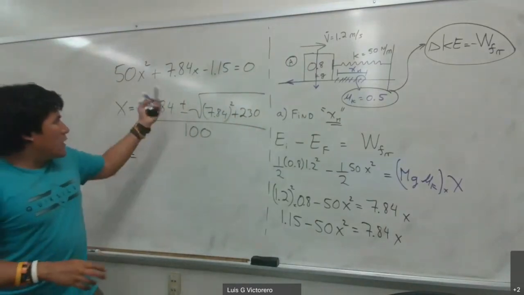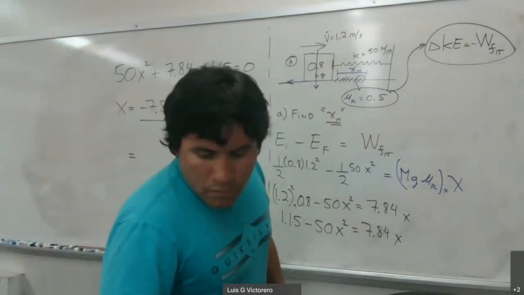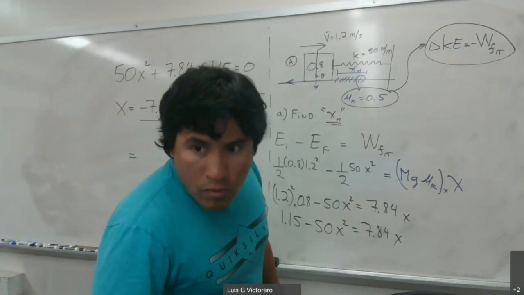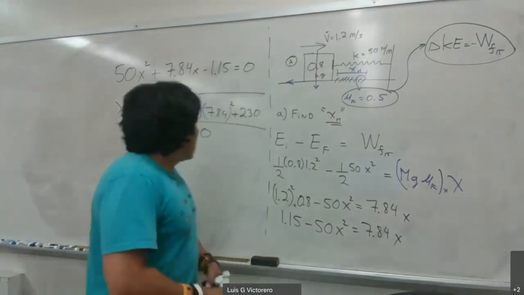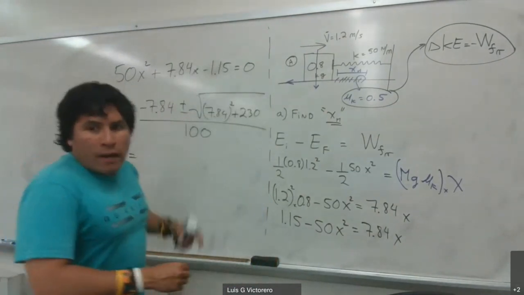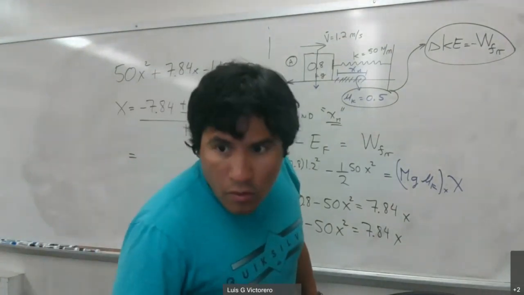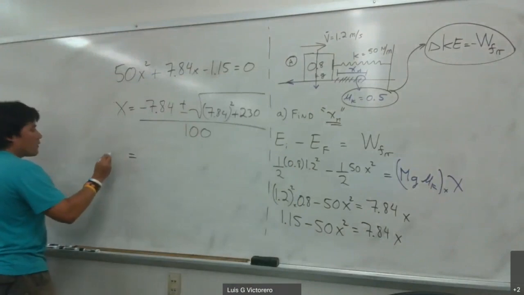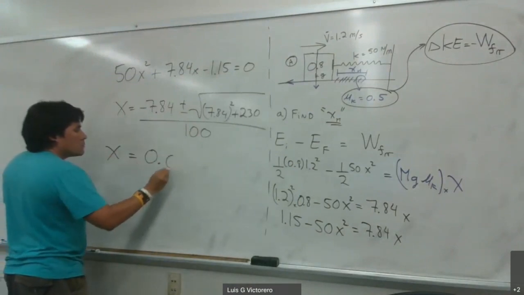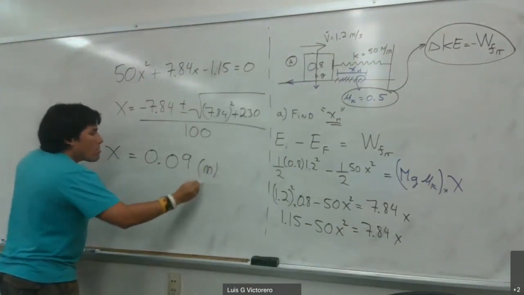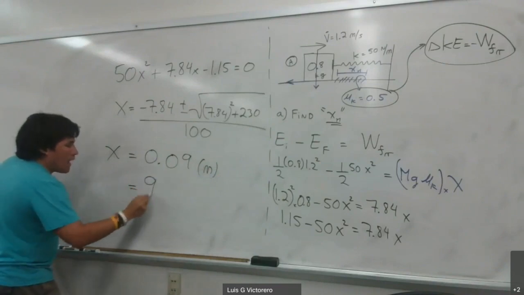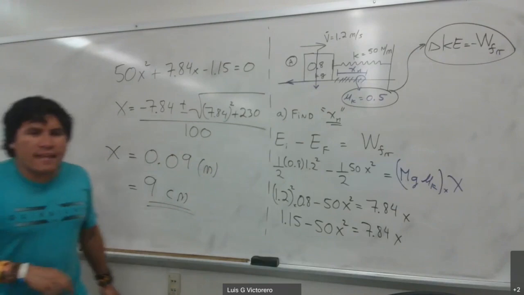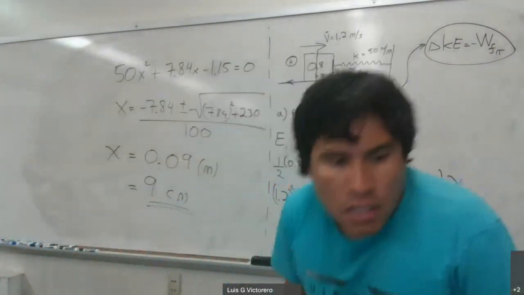All right, so we're gonna have to take the positive solution most likely. Yep, that's 17 minus 7.84 divided by 100, 0.09, which is equal to 9 centimeters. Makes sense, because of friction it is 6 centimeters less.